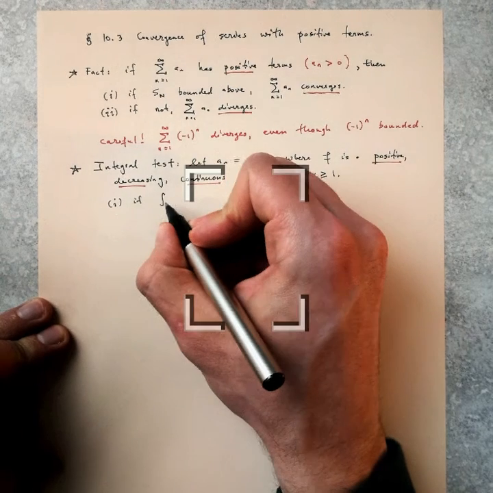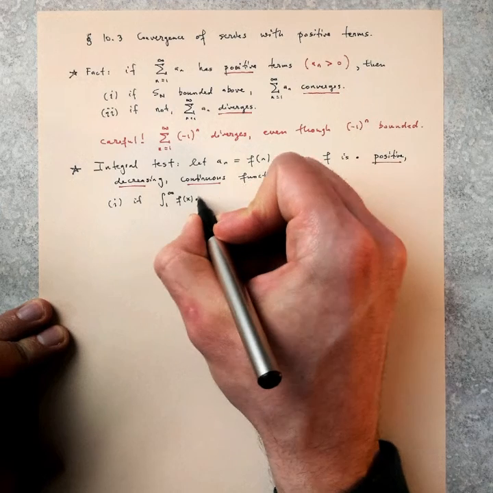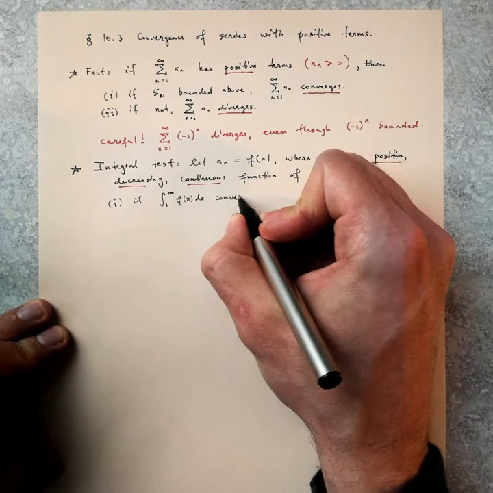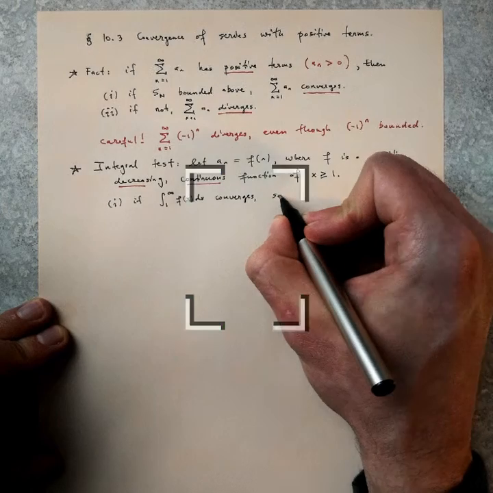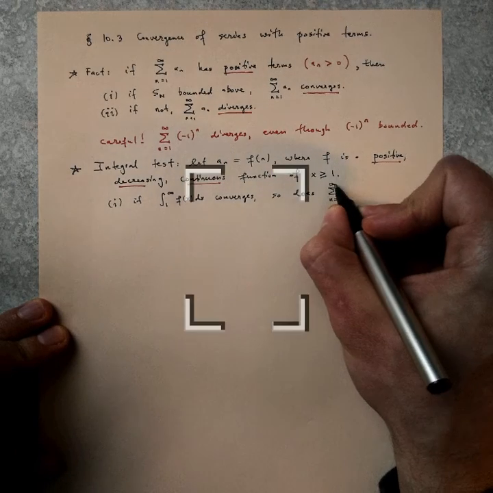If the integral from 1 to infinity of f of x dx converges, so does the sum from n equals 1 to infinity of an.